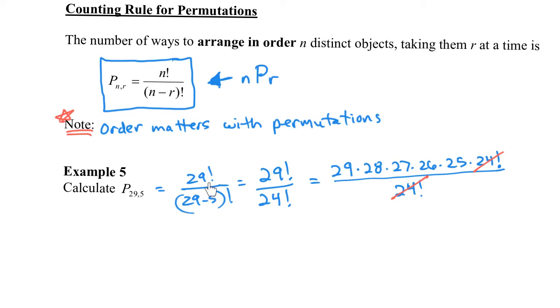So instead of going through these needless calculations, which are just arithmetic, I'm going to show you on the calculator how to do it. The calculator has a command that allows you to plug this in, but I wanted you to at least see how it works. Once we cancel these, we get 29 times 28 times 27 times 26 times 25, and that's the same as the number we got above, right?